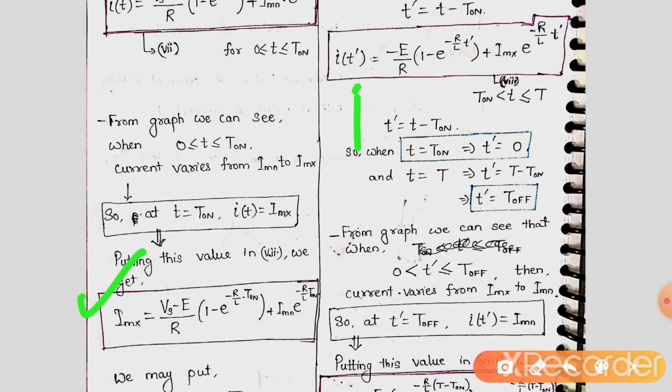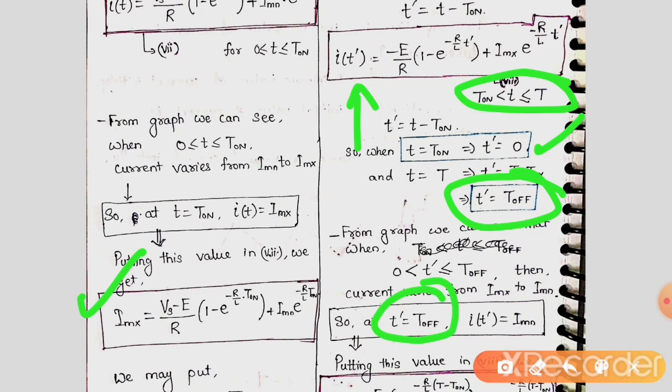Similarly, here we are getting expression in terms of t dash, and the time interval here is between t on to T. So at t dash equal to 0 or t dash equal to t off, we put the values, and at t dash equal to t off, the value of current is Imin.